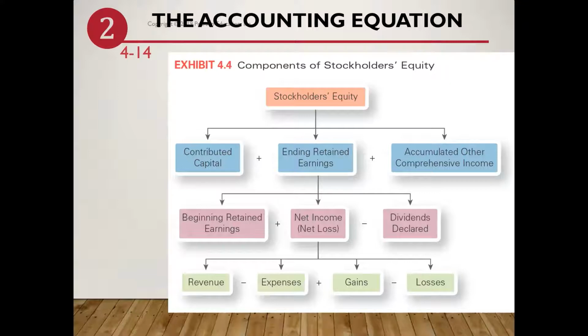Also, ending retained earnings is equal to beginning retained earnings, increased by net income and decreased by net losses and dividends. Net income or a net loss is increased by revenues and gains and decreased by expenses and losses.